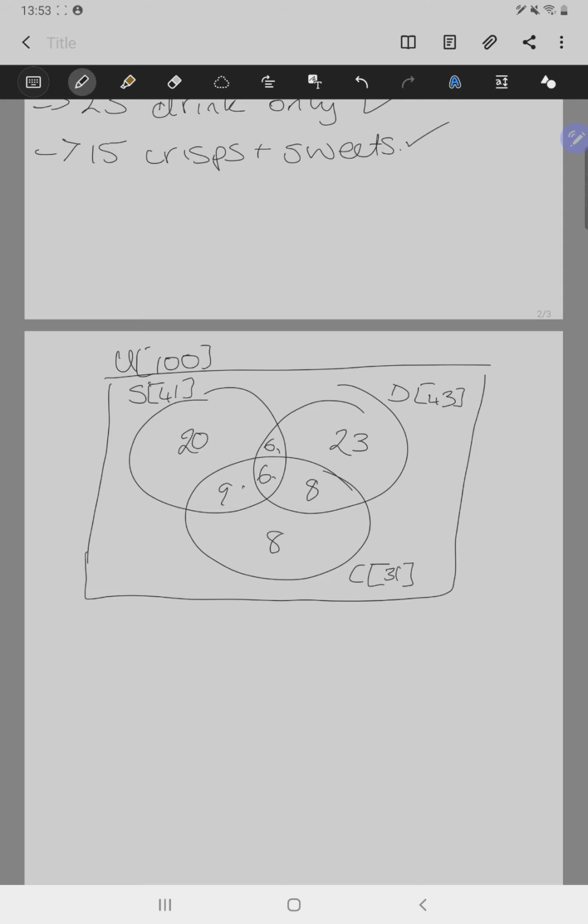So if 100 people in total were surveyed, there are 80 people within the sets. That means 20 people didn't buy any of them. And if you were to add up everything within those sets now, it would in total add up to 100. Let's have a look at another one.